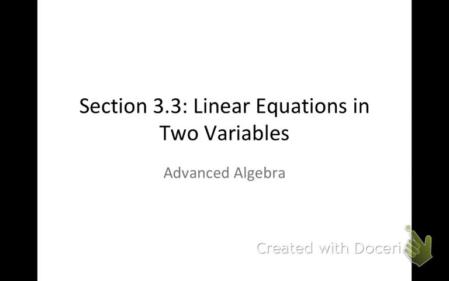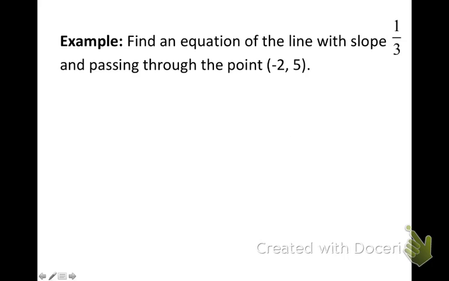Okay? So when we go to write equations of lines, you first need to decide, what am I given? Where should I start? So for the first example here, it says find an equation of a line with a slope of 1/3. So my slope is 1/3.